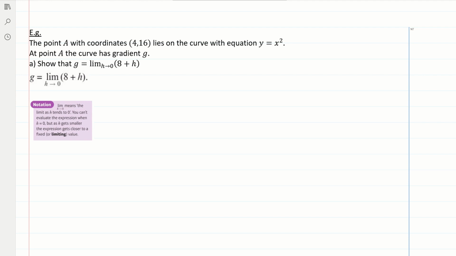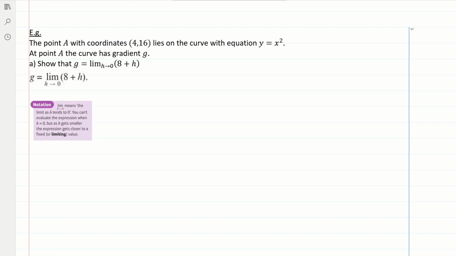Show that, as h gets smaller and smaller, as the distance between A and P gets smaller and smaller, so that it's practically not there, the final answer is going to be 8 plus h. That's what they're asking you to do.